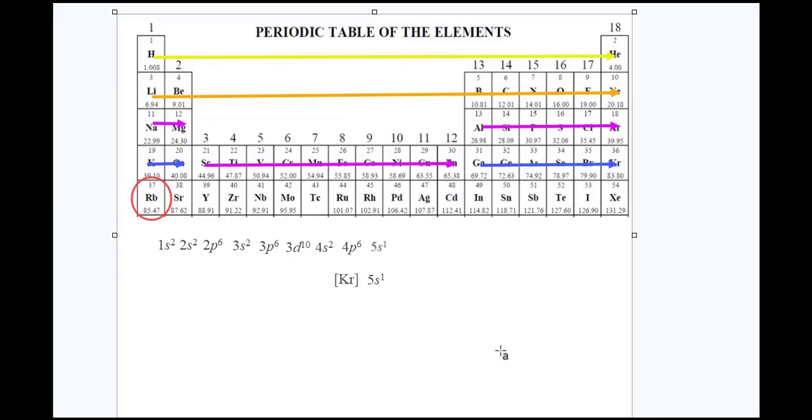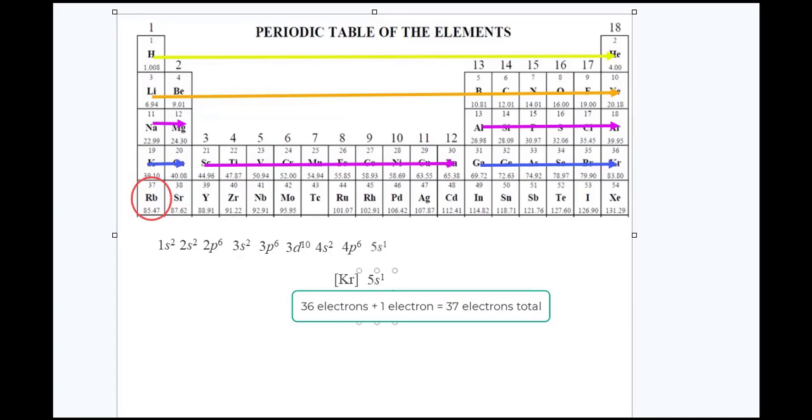In fact, if they ask for an electron configuration that's abbreviated, that's so nice because you just pick up the noble gas before and don't worry about these guys buried underneath. The other 36 electrons are taken care of by this krypton. We'll double check. Krypton 36 plus 1 electron. This little electron here, rubidium 37.